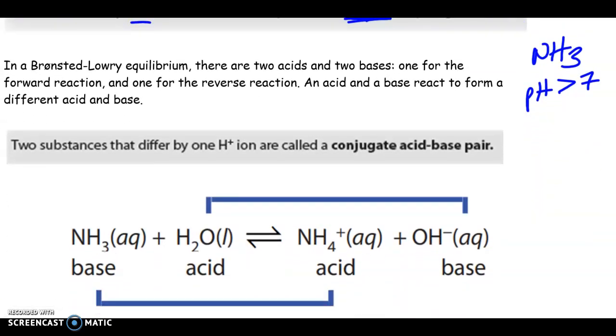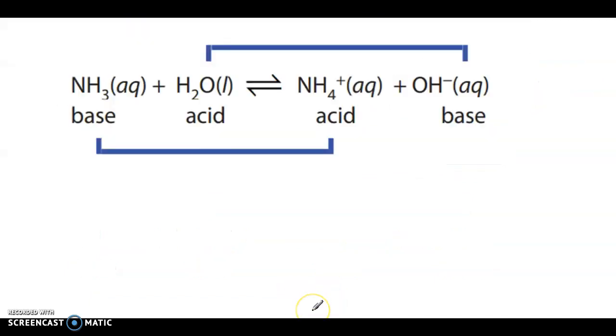All of these acid-base equilibriums we're going to be looking at are in fact equilibriums, when you see the double arrow, of course. When you have an acid-base pairing, we call that a conjugate acid-base pair. That doesn't make a whole lot of sense right now, but let's look at this example.